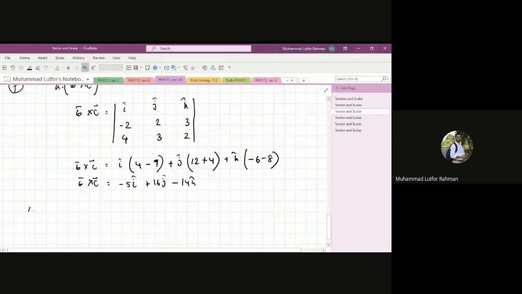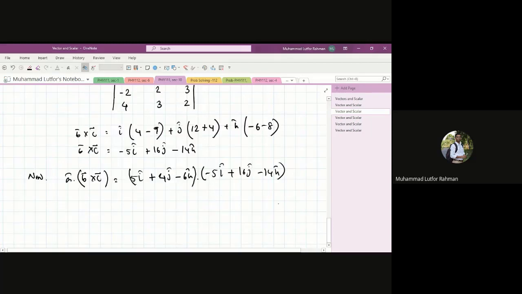Now A dot B cross C. The vector A is plus 5I hat plus 4J hat minus 6K hat. So this is the vector A dot minus 5I hat plus 16J hat minus 14K hat. I just write it side by side.